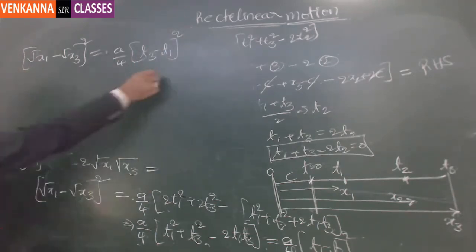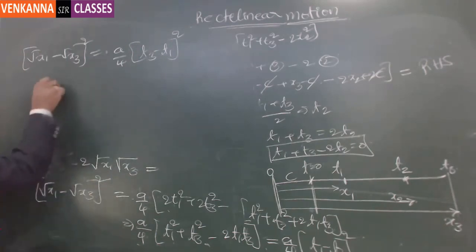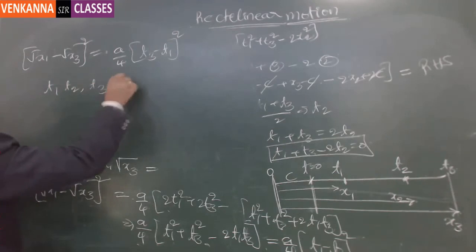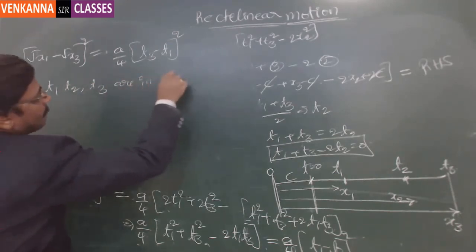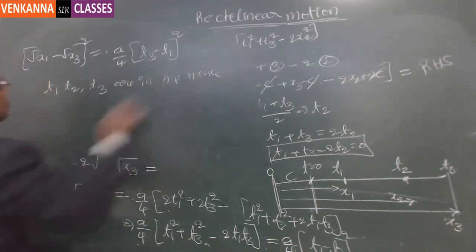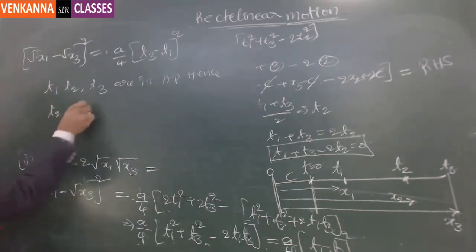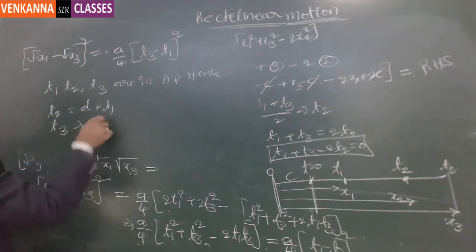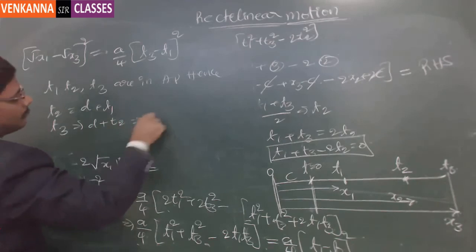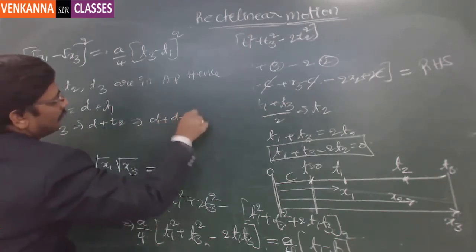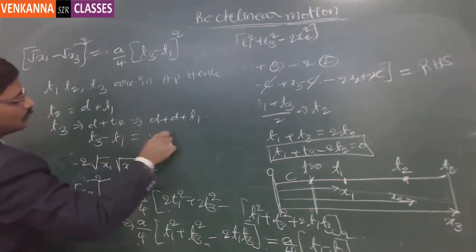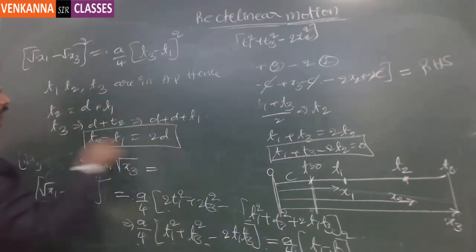So t1, t2, t3 are in AP. Hence T2 equal to T1 plus D and T3 equal to T2 plus D. It implies T3 minus T1 is equal to 2 times D. This is the common difference.